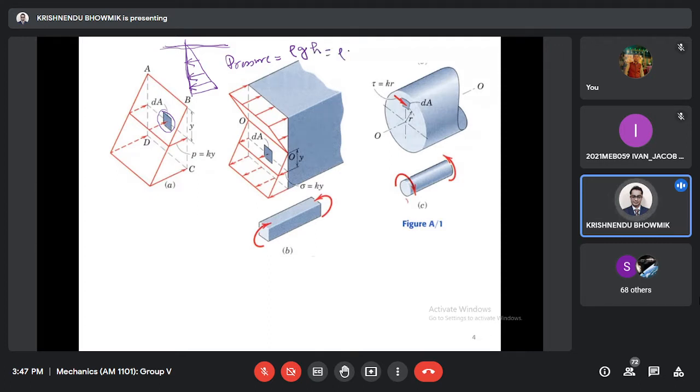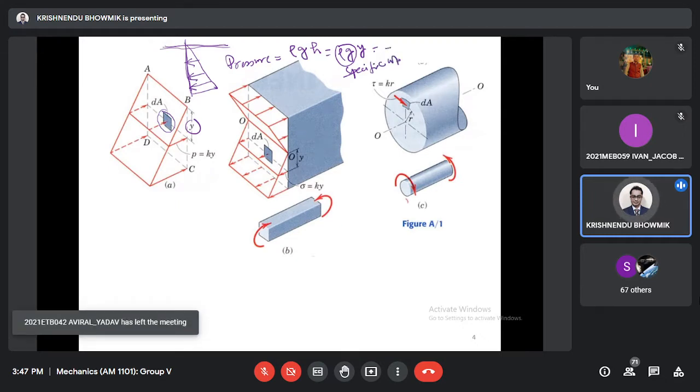Here height is y, and rho g we call the specific weight. Maybe you replace it by K1.